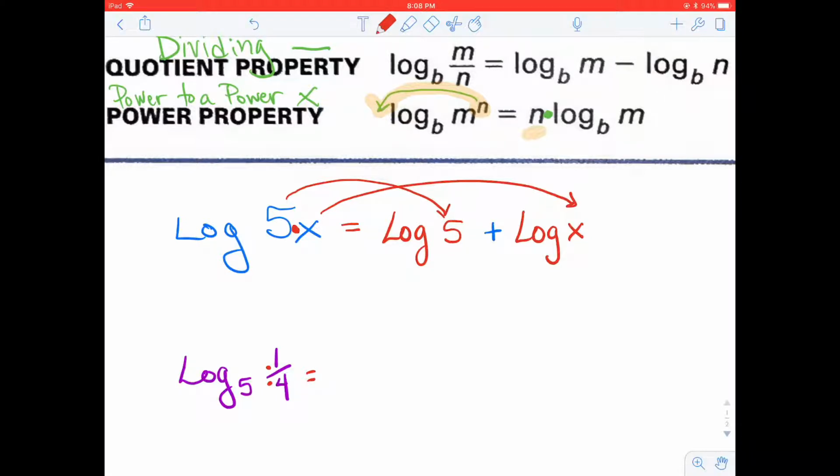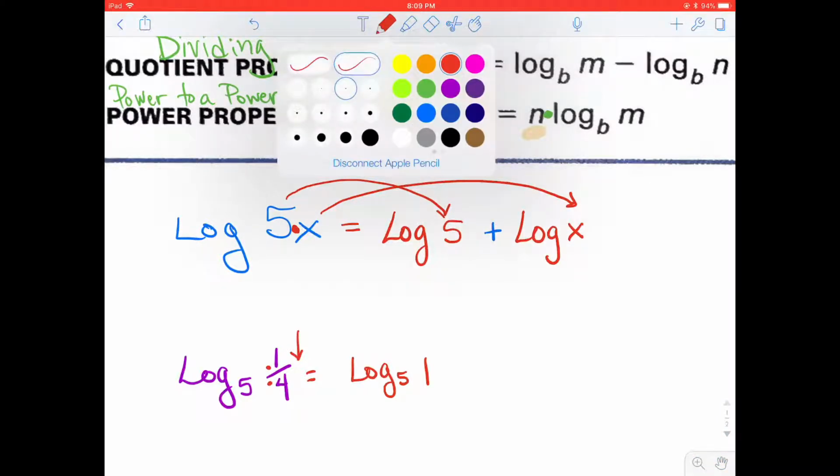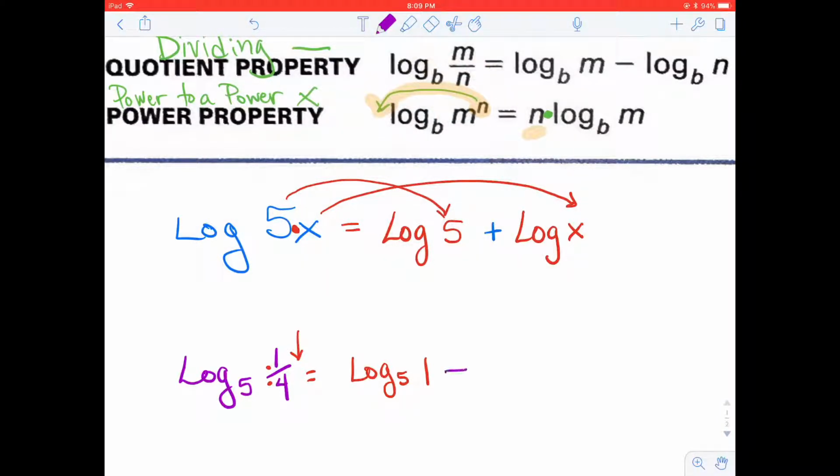Again, we're going to work top to bottom. So I have log base 5 of 1. So we move that 1 over first. We're dividing, so we separate it with subtract. And then we're just going to rewrite our log with the same base, so log base 5 of 4, our bottom number.